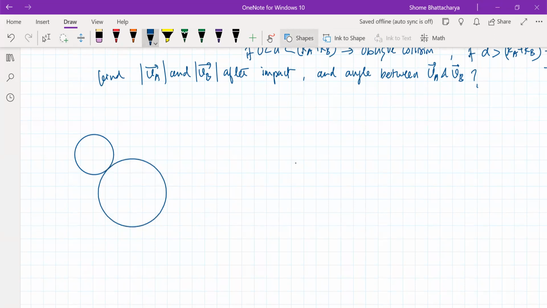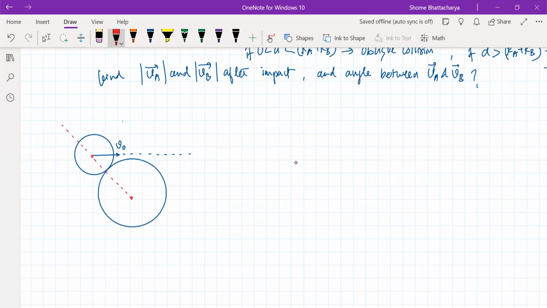So now the initial velocity vector of this one is along this line. And this line's perpendicular distance from the center of the second one we already know. So if this is the center to center line, this is going to be the line of impact.